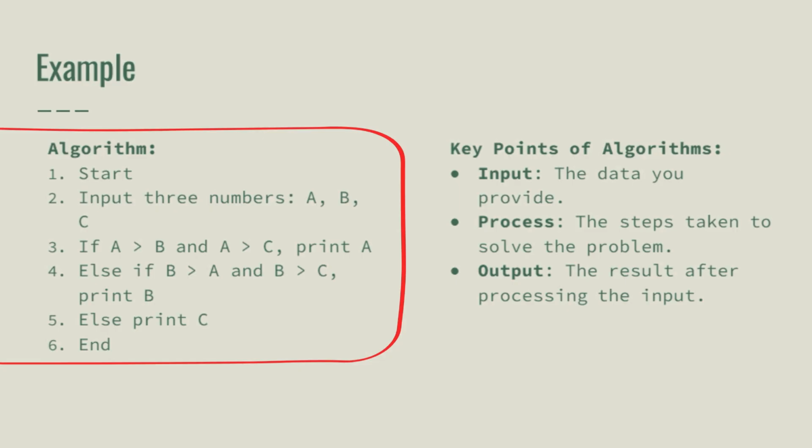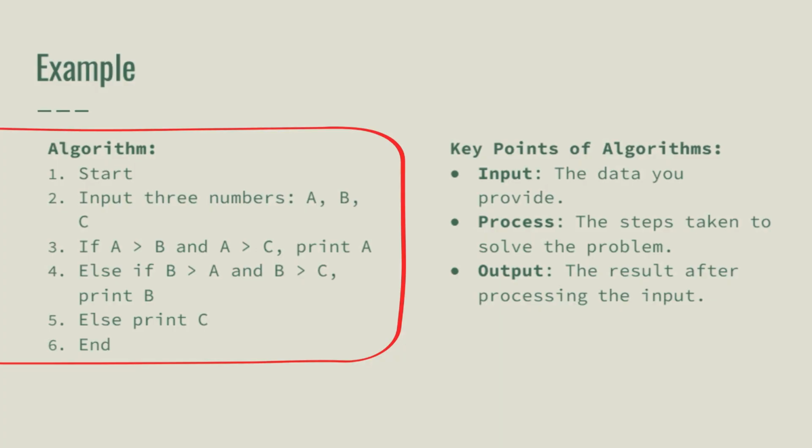So what we do is we start the algorithm. We input three numbers A, B, C. Then we want one number from this as an output that we are printing. We are directly printing it and then we are ending. But how are we finding the largest? We are comparing a single element with the other two elements, and whichever is bigger we are printing.